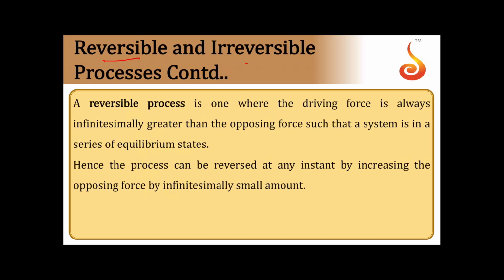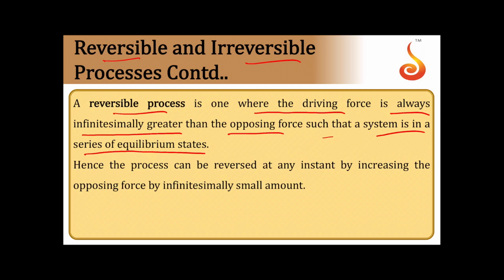Then comes reversible and irreversible processes. A reversible process is one where the driving force is always infinitesimally greater than the opposing force, such that the system is in a series of equilibrium states.